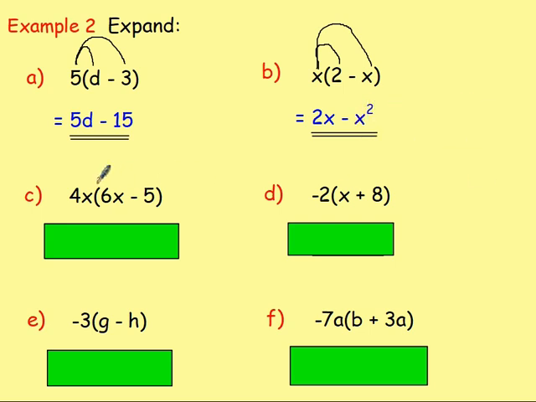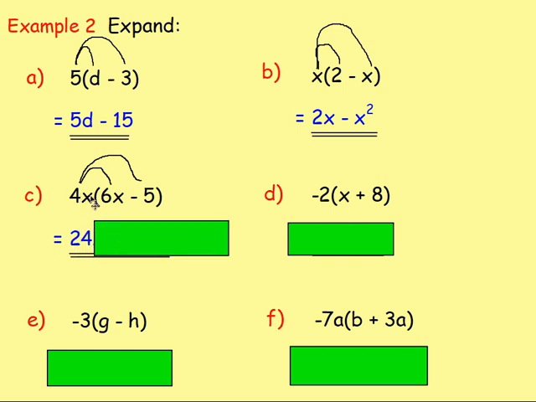If you do 4x times by the 6x take away 5, you do the 4x times the 6x, and then the 4x times by the negative 5. So 4x times 6x. What do you get for that one? Well, I think you do the 4 times 6 to get 24, and you'd also have an x times an x, so you'd have x squared, so it's 24x squared.